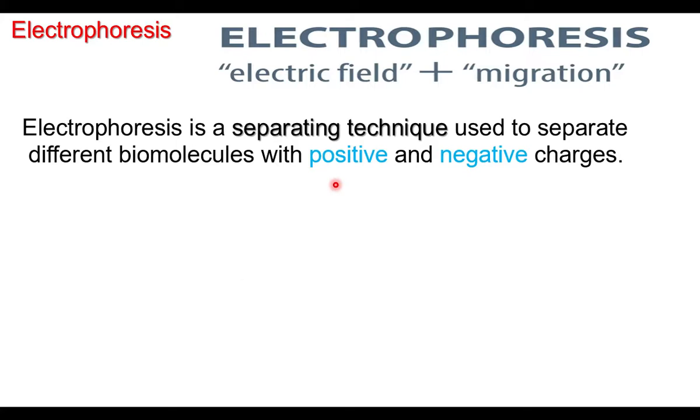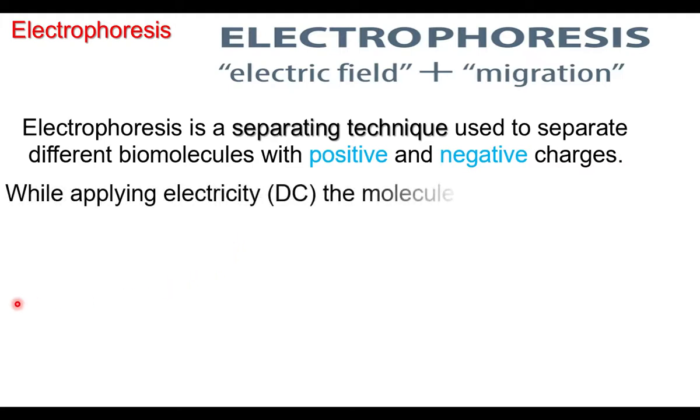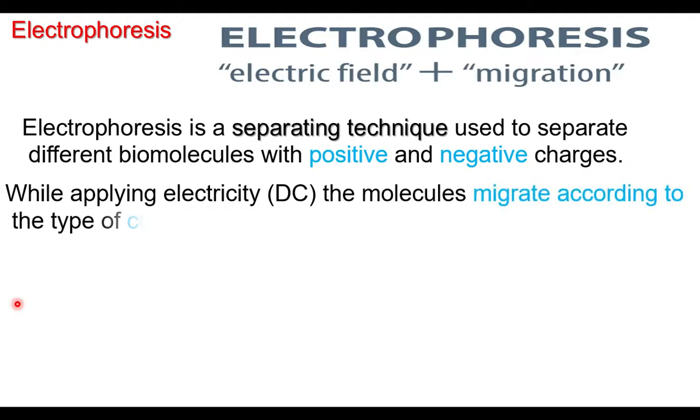Positive and negative charge biomolecules can be separated from a mixture of molecules with the help of electrophoresis. While applying electricity, the molecules migrate according to the type of charges they have.